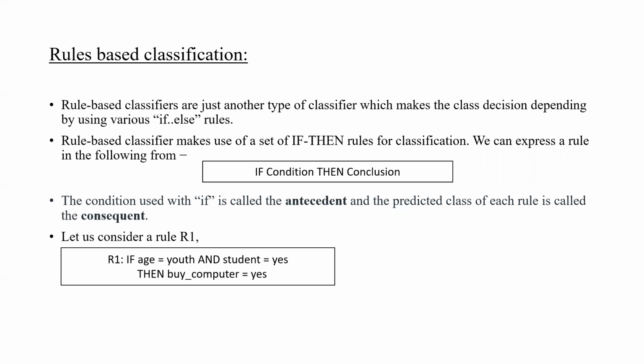The condition is that the age is youth and the student is yes, then the conclusion is that he will buy a computer. The condition in the if part is called the antecedent, and the predicted class of each rule is called the consequent. Only if the condition is satisfied will we get the conclusion. So this is all about rule-based classification.